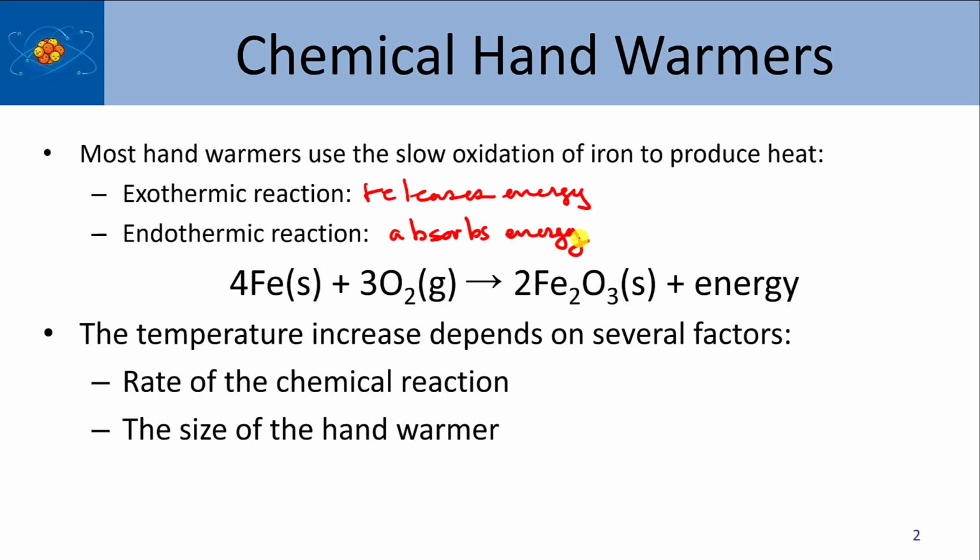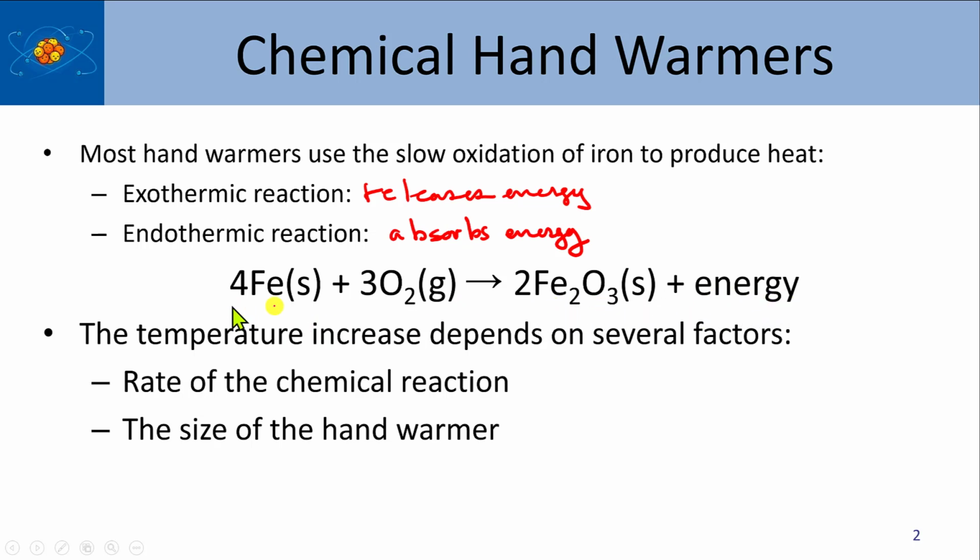So this is the reaction that we're showing down here for the reaction that takes place in a chemical hand warmer. And you can see why it's sealed up in plastic. It's just iron, right? And it's in some other material, but it's pure metallic iron. And it turns out as the iron begins to react with oxygen and it obtains a little moisture from your hands, which speeds up the reaction a little bit, it produces iron oxide, this is rust, and some energy.